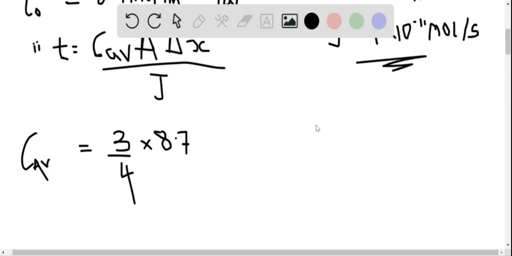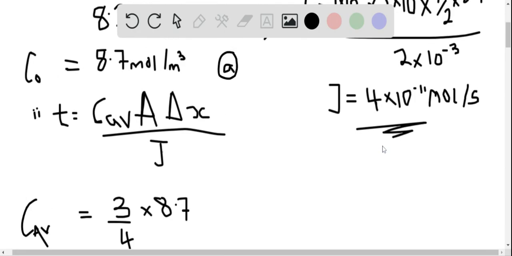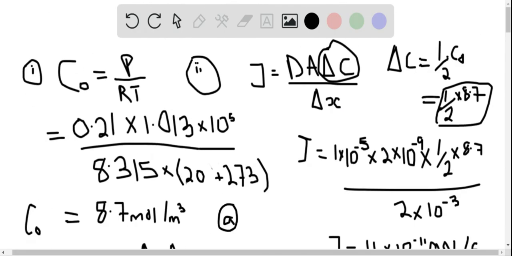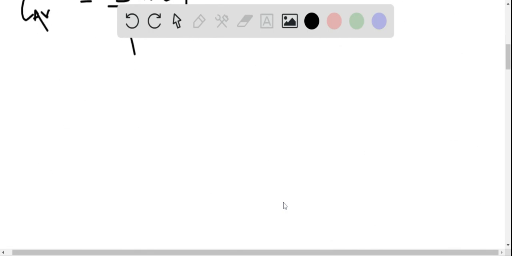So this would give us the average concentration. Using the concentration found here as 8.7 moles per meter cube, we can find the average concentration in order to calculate the average time for a molecule to diffuse.